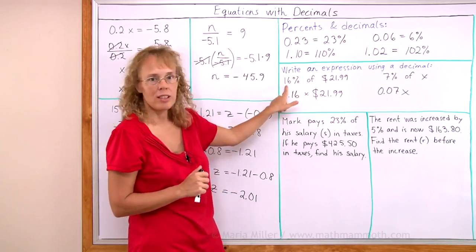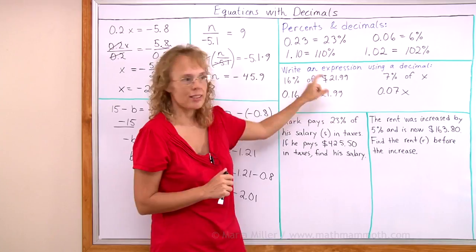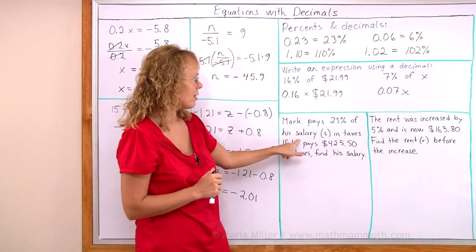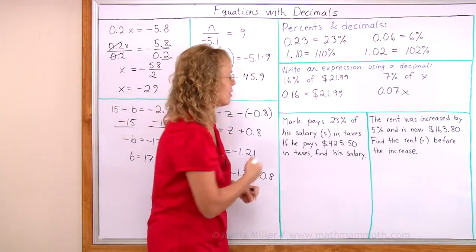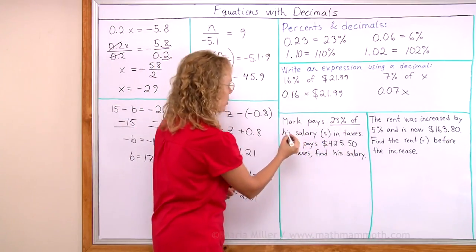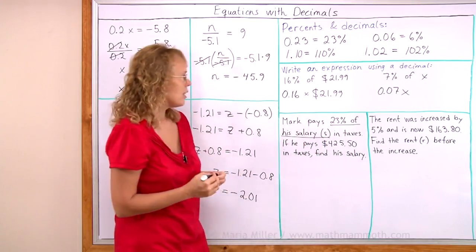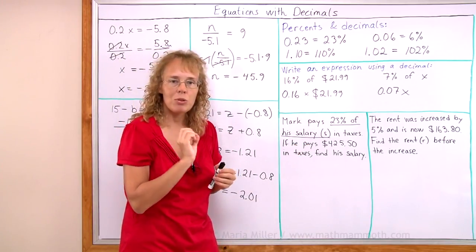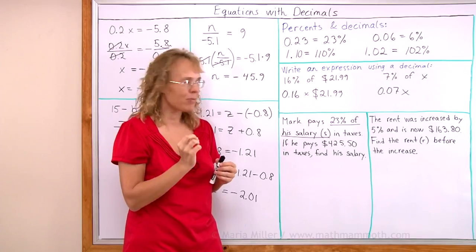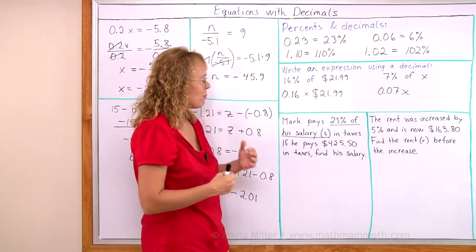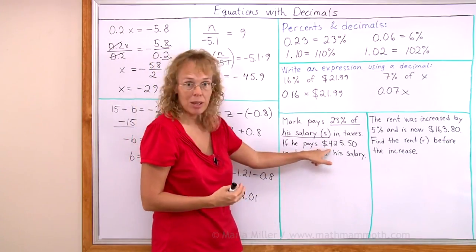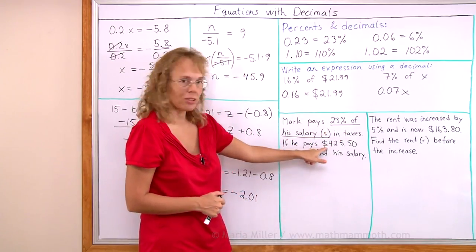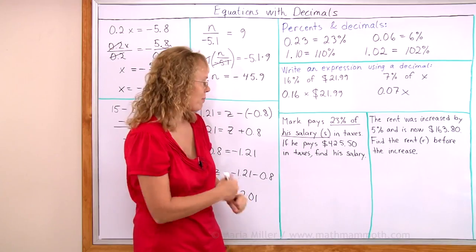We have a percentage of something, right? We have 23% of his salary. So right here, 23% of his salary is just like here, it would be 0.23 S. And we know how much he pays in taxes. It's this amount. Okay, so 23% of S equals that amount, right?